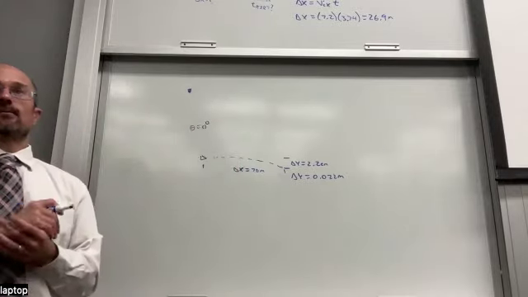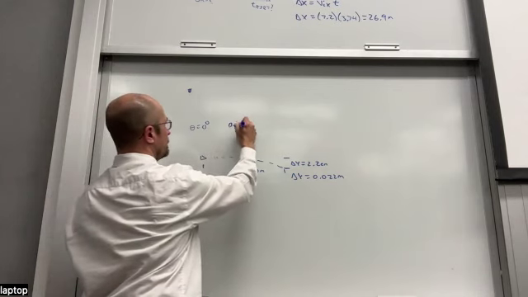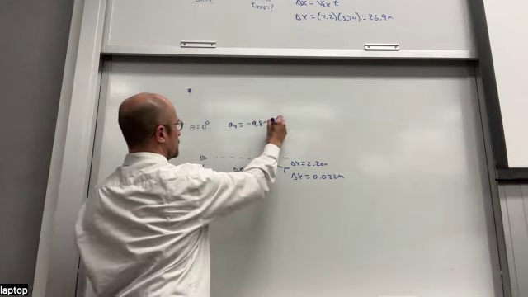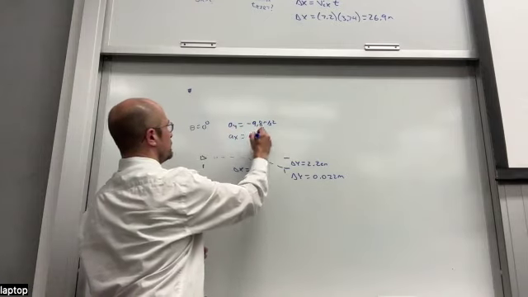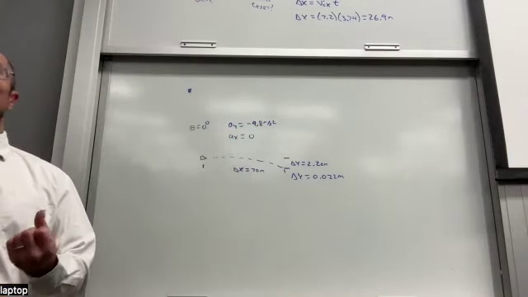What else do we know? You already told me. ay is our celebrated negative 9.8 meters per second squared, downwards. All right, so let's find our initial velocity components.